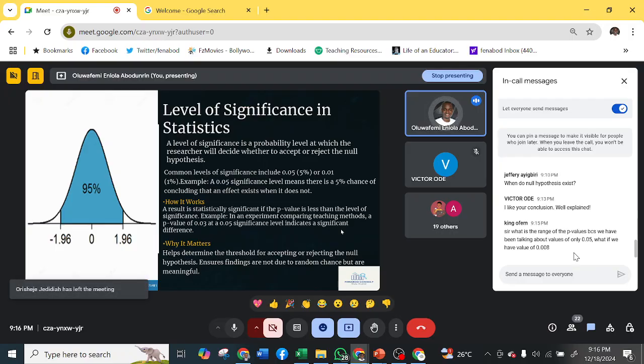For those of us in sciences, we can understand that very well. At times you get to the lab, you just get to the lab, the equipment will malfunction, and you look as if you don't know what you're doing. These are factors that make them decide that we don't know what we may expect, so let's give room for this level of significance. I don't know if that makes sense to you.